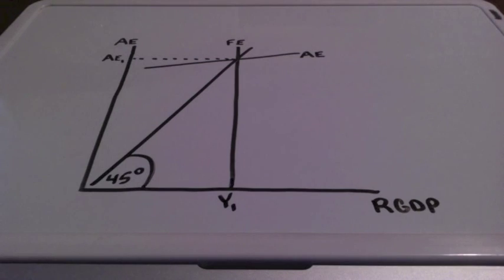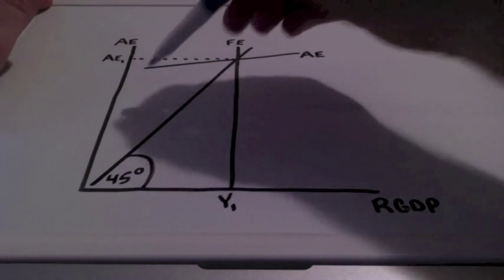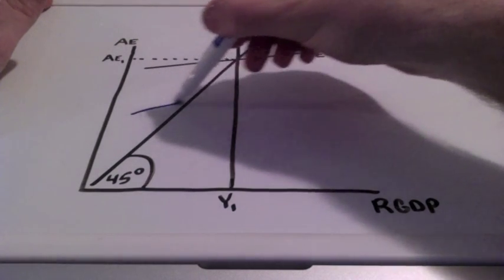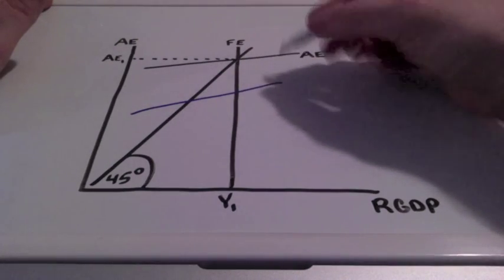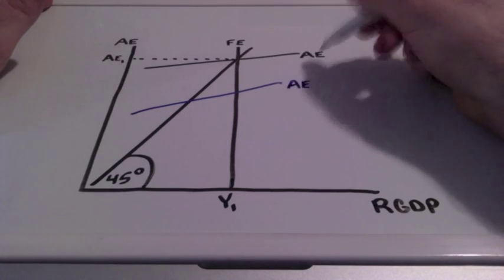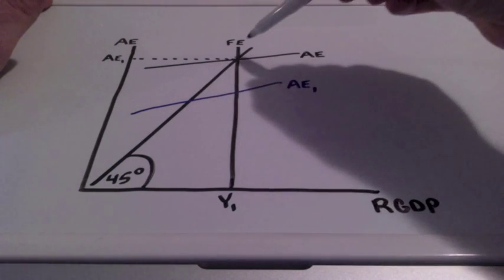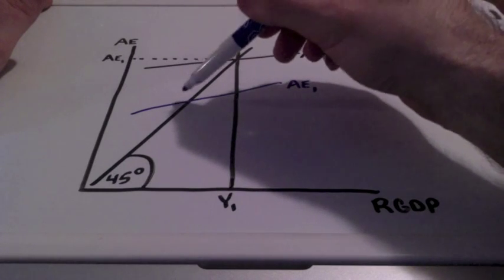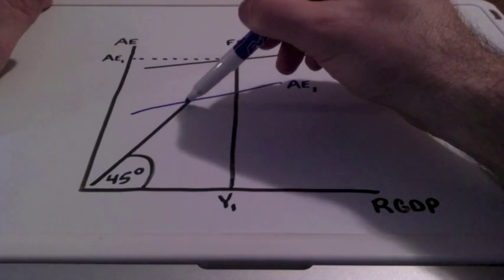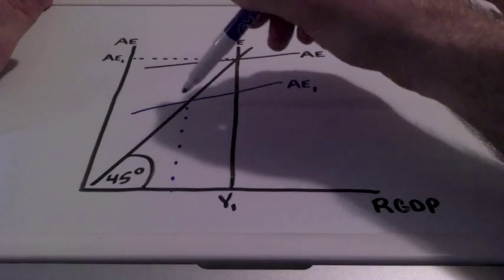Well, that is also going to shift downward, decreasing our current aggregate expenditures. This is going to shift and create aggregate expenditure line 1, and it's currently going to be hitting this point of our total expenditure line.